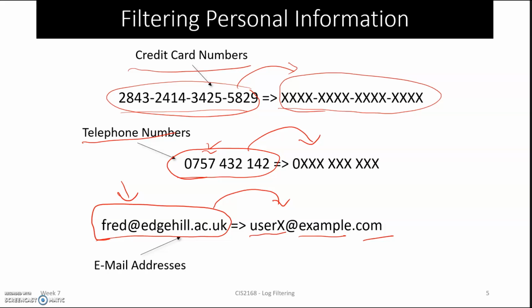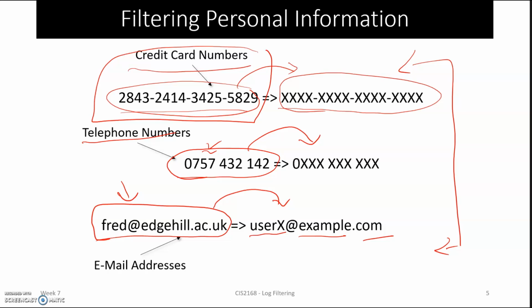In this way, by applying this mapping mechanism, you can hide the personal sensitive information from unauthorized users. The person who holds this credit card can see the information. If another person wants to get the information, they will get it in this manner, which is nothing but the mapped information.